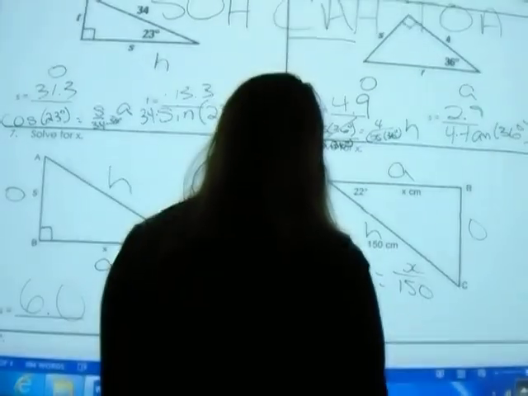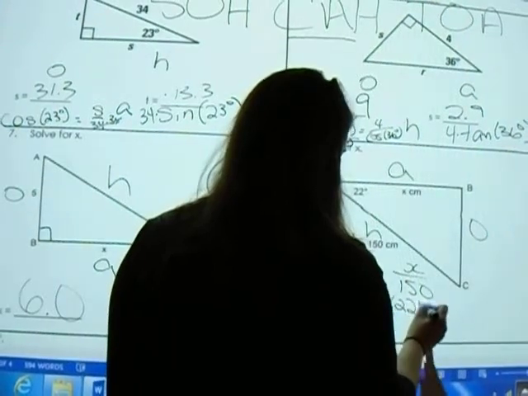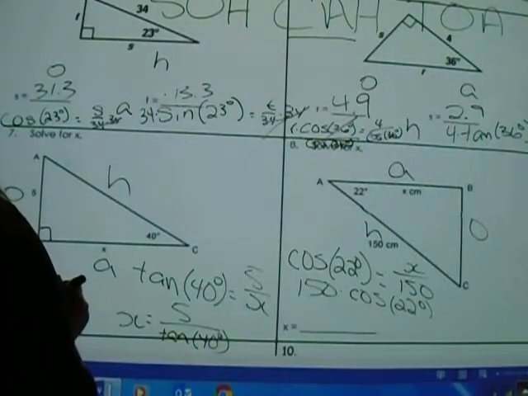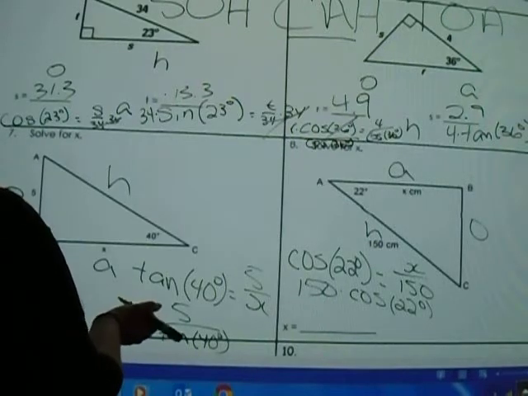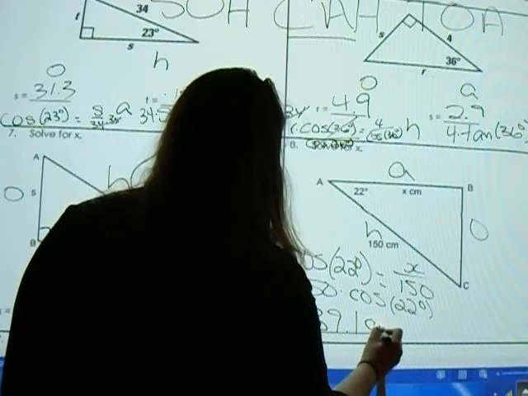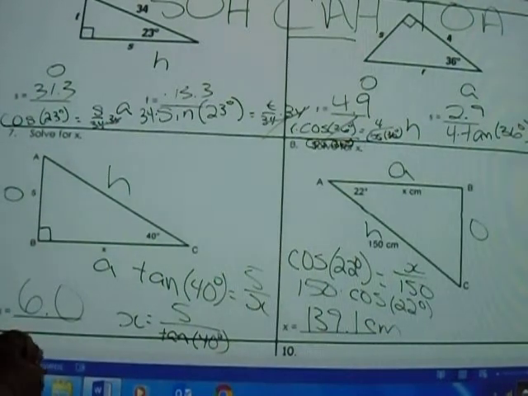So we do 150 times the cosine of 22 degrees, and that equals 139.1 centimeters. Okay? So that's how we would do those ones.